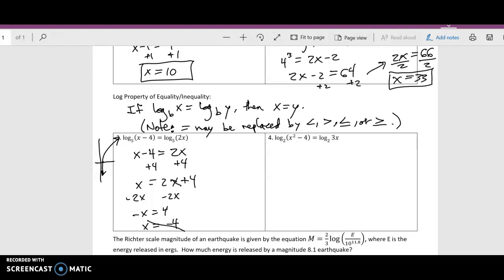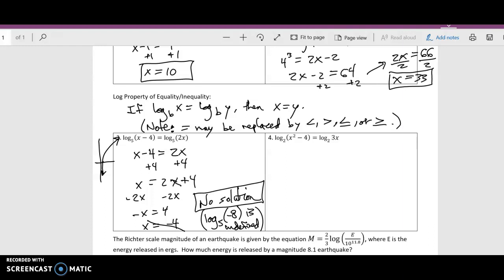So we're going to say no solution here, because log base 5 of -8 is undefined. And that's either side if you substitute -4 in, right?